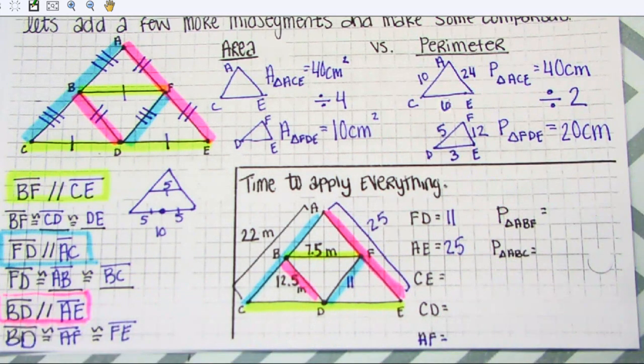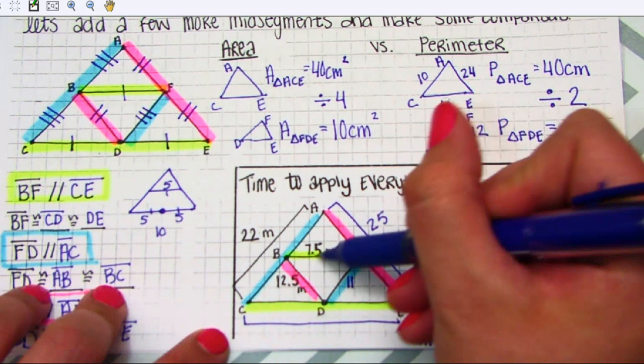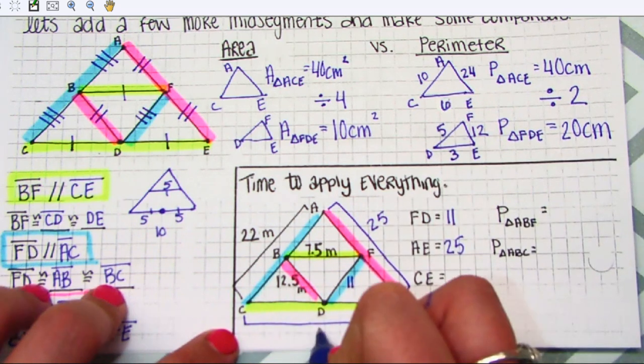What about CE's measurement? Yes, 7.5 times 2, which is 50. Remember, 7.5 is the mid-segment, so when I go out to the whole thing, I multiply by 2.